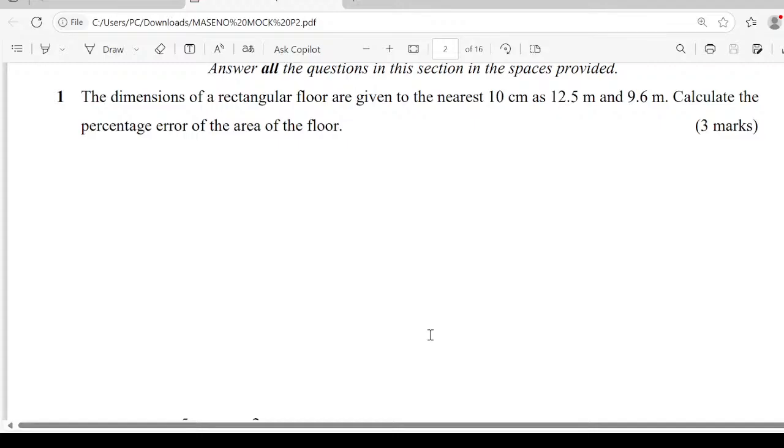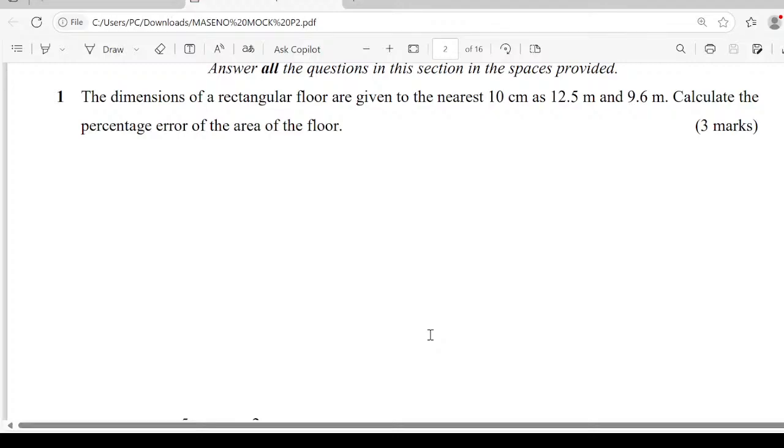So without wasting time, dear learners, allow me to go to question number 1. If you look at that question, it is from Form 3 under errors and approximation.